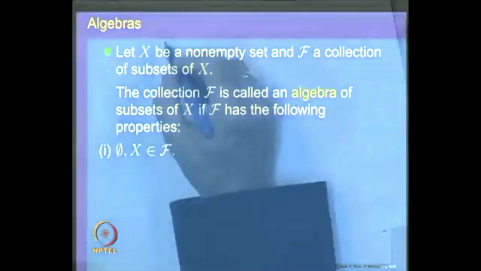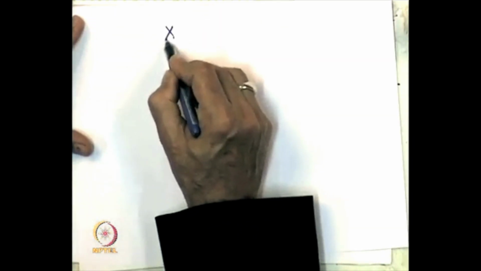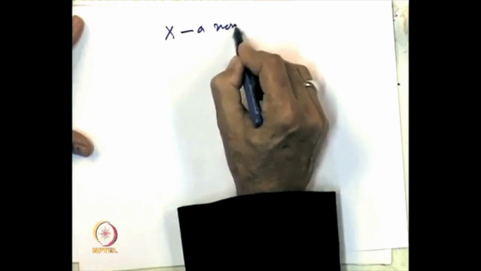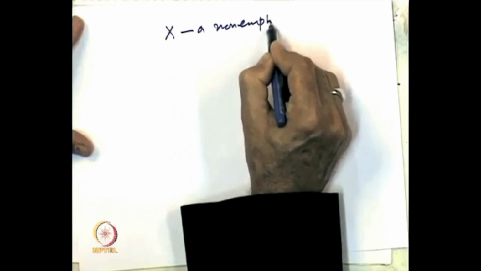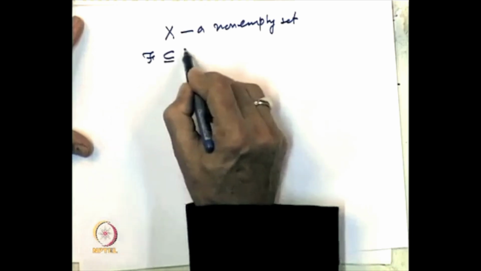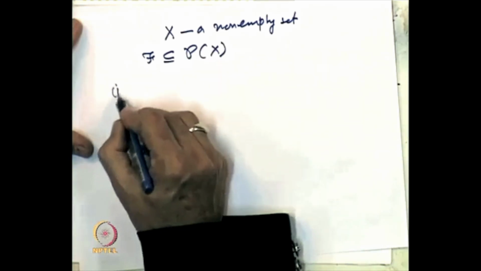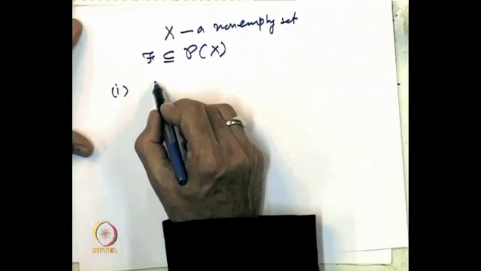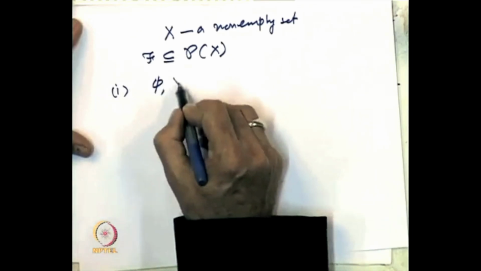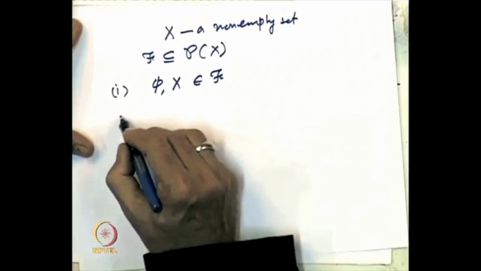So X is a non-empty set, F is a collection of subsets of X with the following properties. First, the empty set and the whole space belong to F, like that in the semi-algebra.